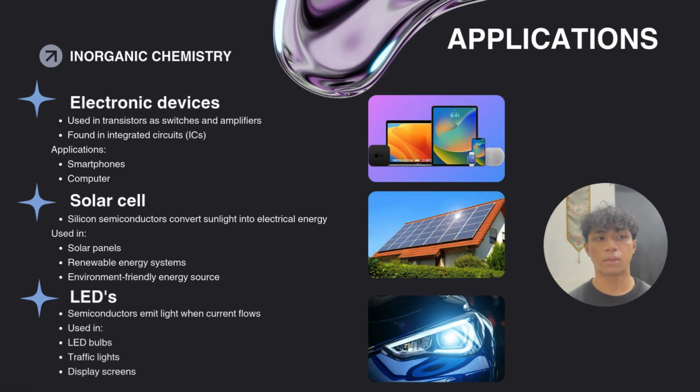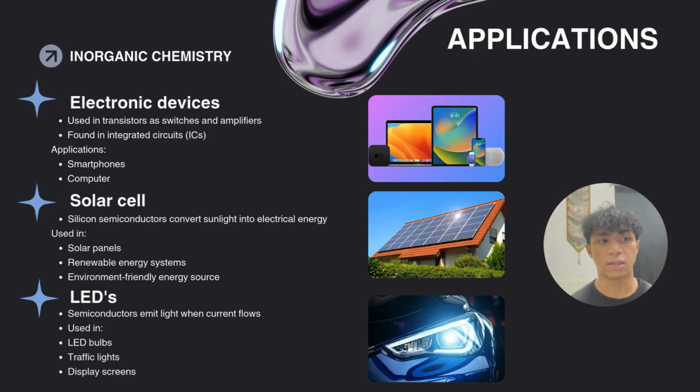Other than that, there are a few applications of semiconductors in our daily life. The first application is electronic devices. For electronic devices, it is used in transistors as switches and amplifiers. It is usually found in integrated circuits, ICs.